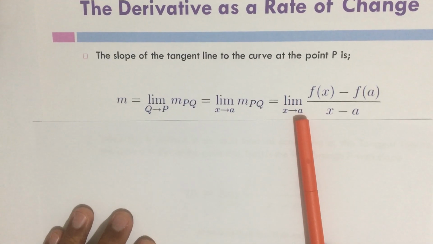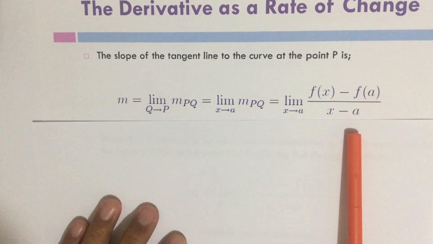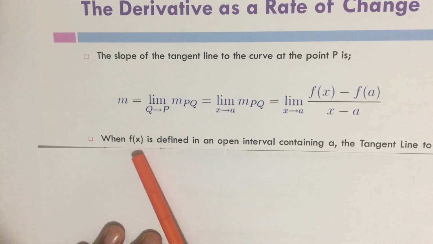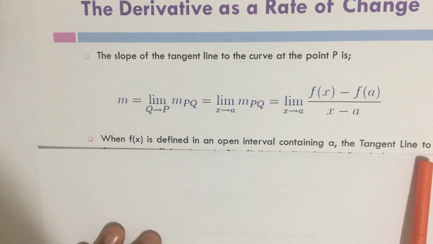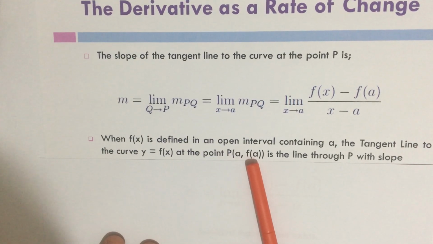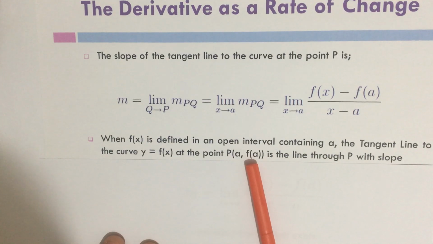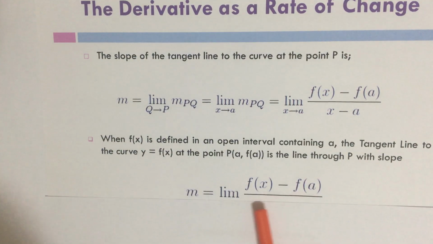I will show you later how this expression arrives at this form. Now, when f of x is defined in an open interval containing a, the tangent line to the curve y equal to f of x at the point with coordinates a and f of a, where a is the abscissa of the point P and f of a is the ordinate of point P, which is the value of the function at x equal to a, is the line through P with slope given by this form.